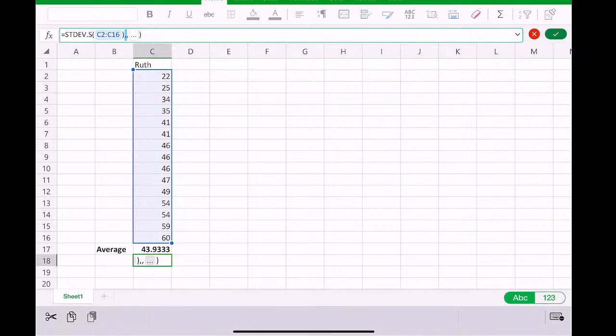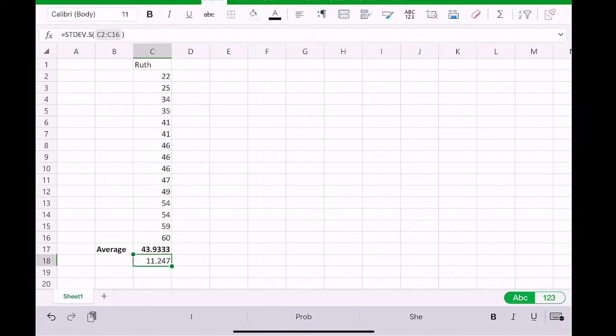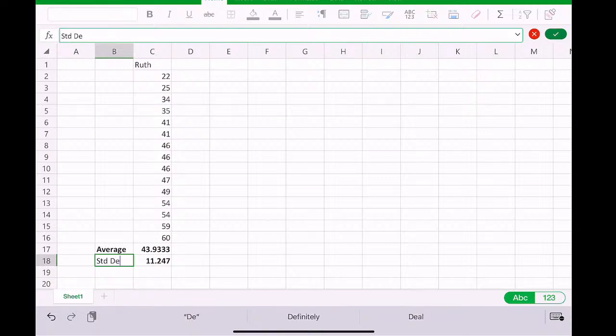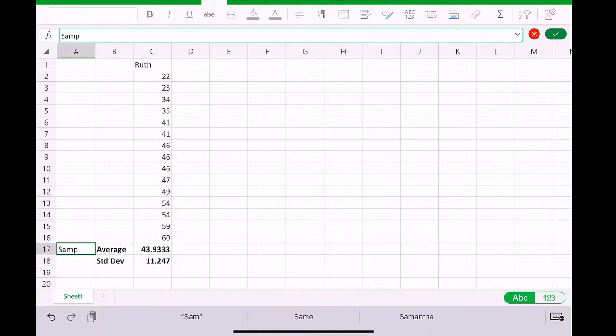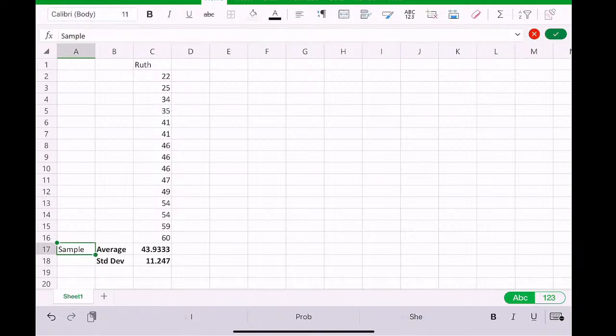Like I said, this is my iPad Excel that I'm not used to. There it is. I don't know what the other number is giving me, but this is the standard deviation of the sample, or sample standard deviation. So this is the sample mean, or sample average, and the sample standard deviation.